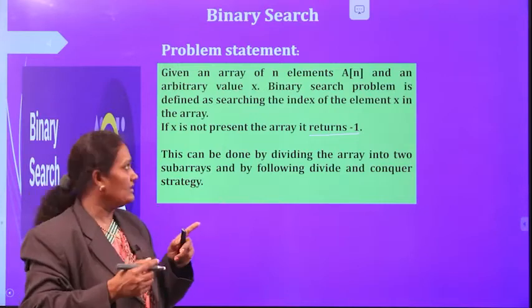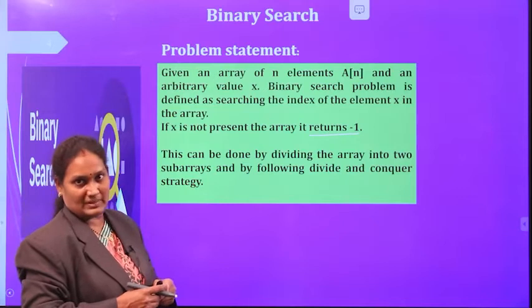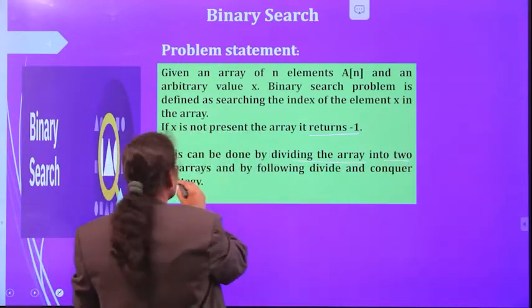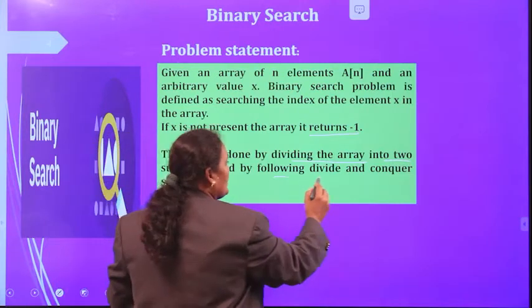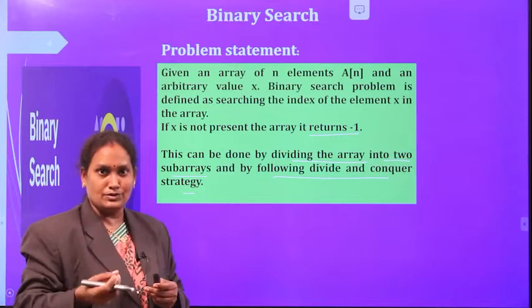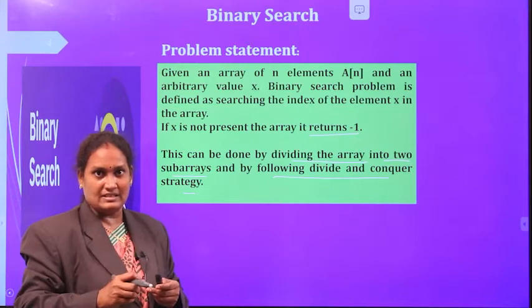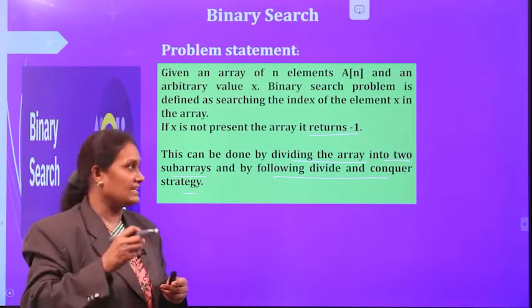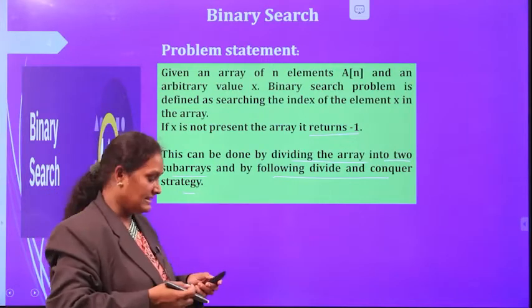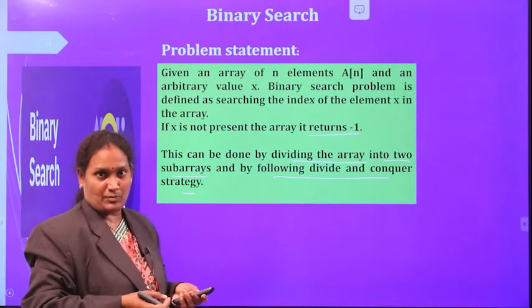The binary search problem can be solved by using the divide and conquer method. This can be done by dividing the array into two sub-arrays and following the divide and conquer strategy, that is, we are solving those sub-problems.